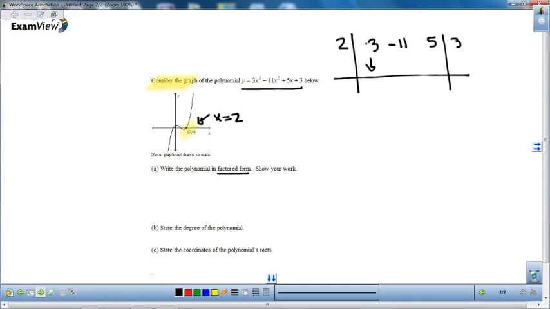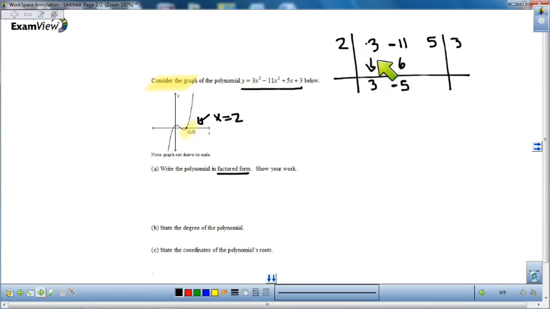Okay, so we're going to bring the 3 down. We're going to multiply 2 times 3 and put it right here, which is 6. Negative 11 plus 6 is negative 5. Then we're going to multiply by the 2 again.